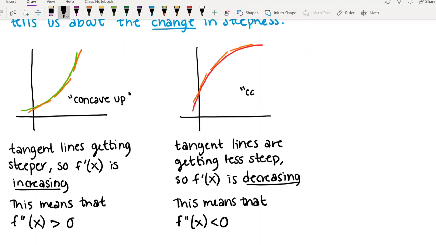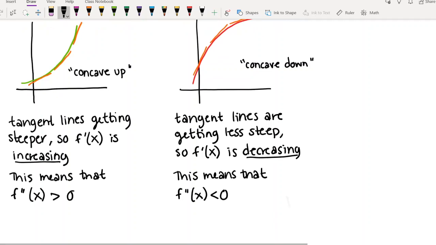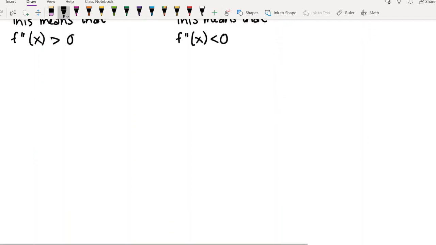Whereas this graph is what's called concave down. So if you were to pour water onto this, it would all go off the sides, right? None of it would actually be caught in this because it's like you have a cup that you've flipped upside down, concave down.